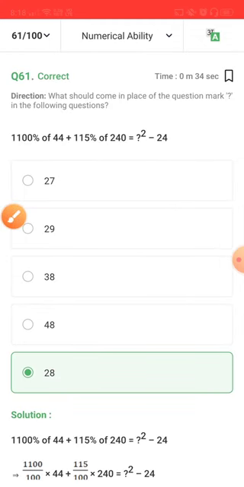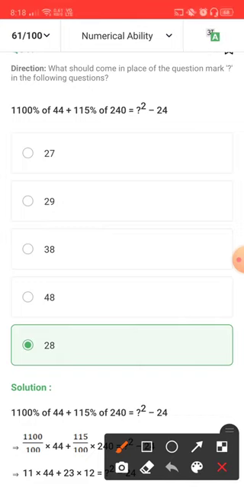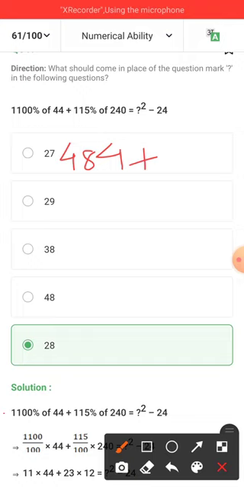The next question. Oh, this question is very easy. So basically, we know it's 11 times 44, that is 484, plus 115% of 240. What is that? 100% of 240 is 240 itself.